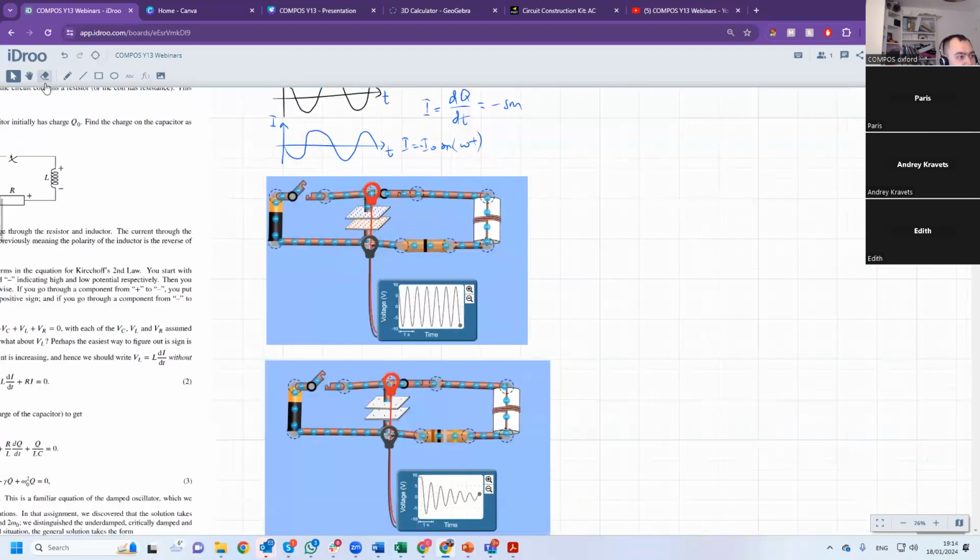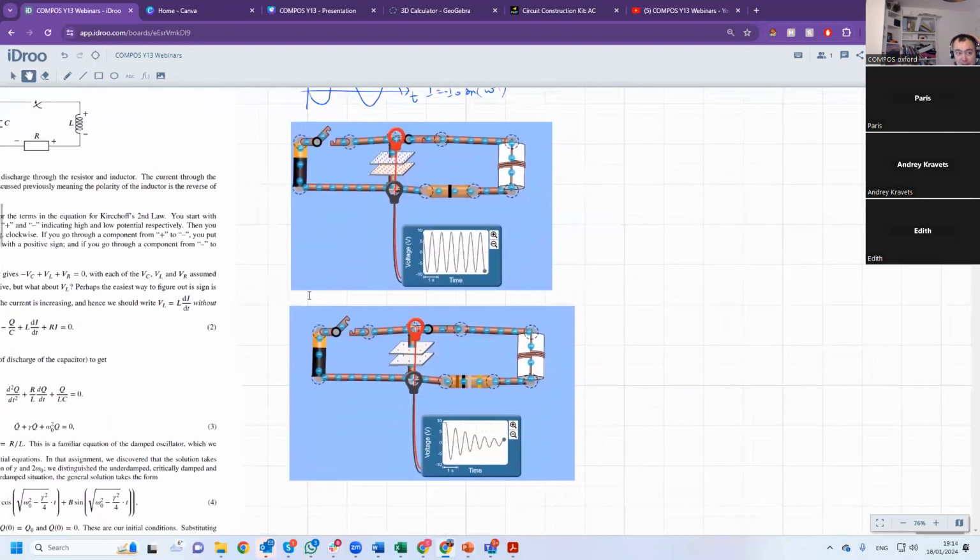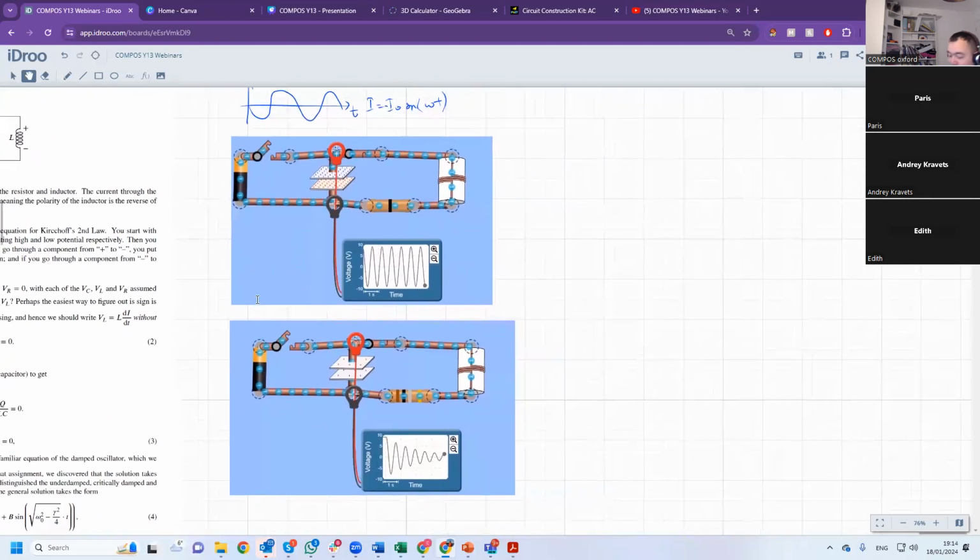So this is undamped. And this is low damping, or underdamped.